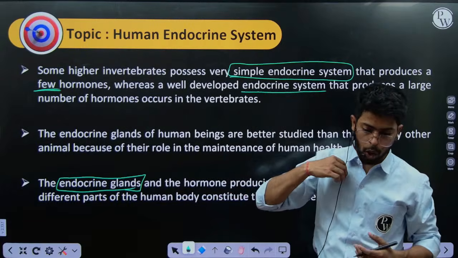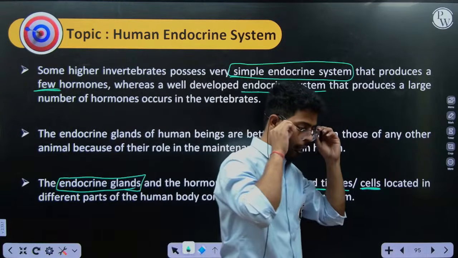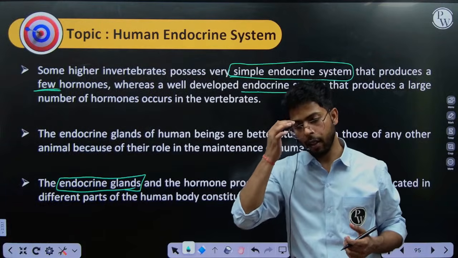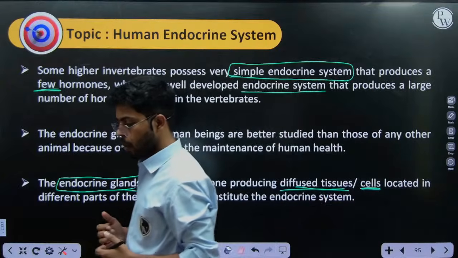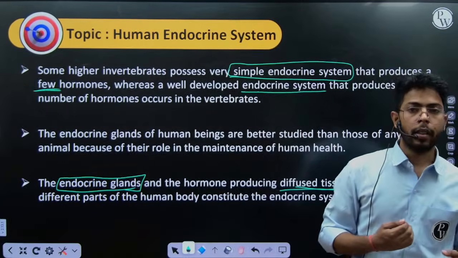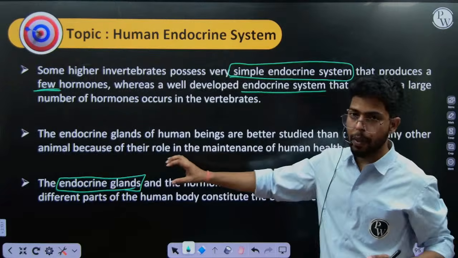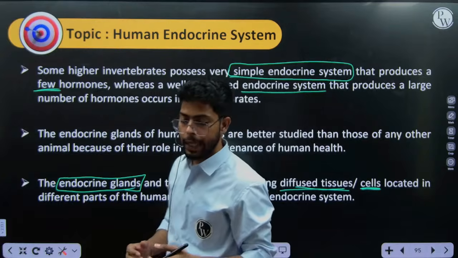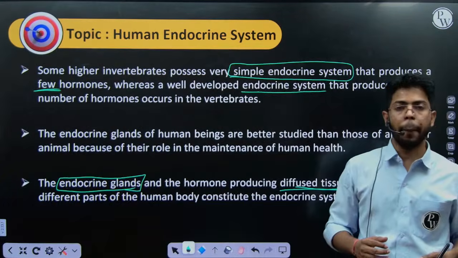The thyroid gland is present at the neck region, attached to the trachea. The thymus gland is present ventrally at the sternum, then the pancreas and adrenal gland. So they have different locations. The pancreas and adrenal gland are present inside the abdominal cavity, but the thymus is in the thoracic cavity.